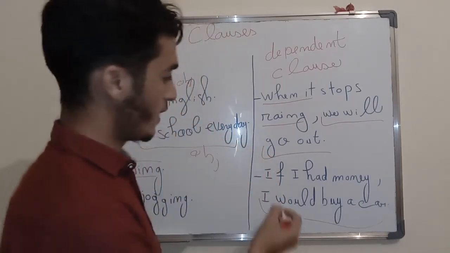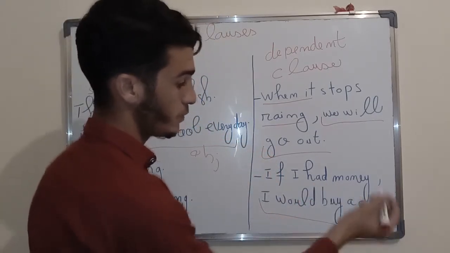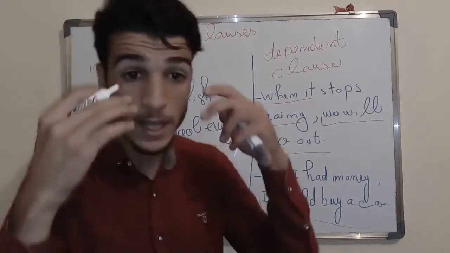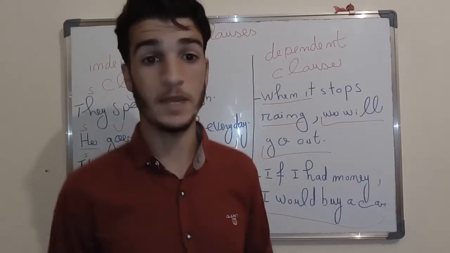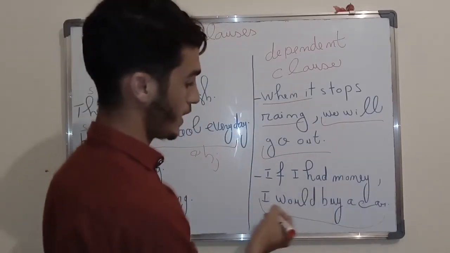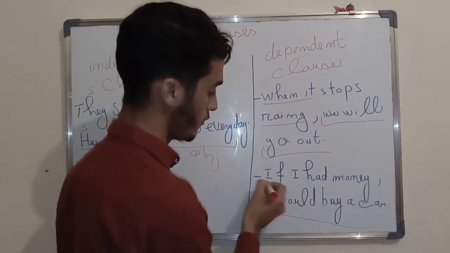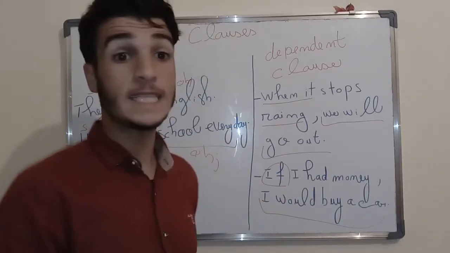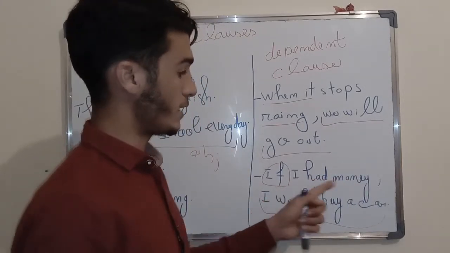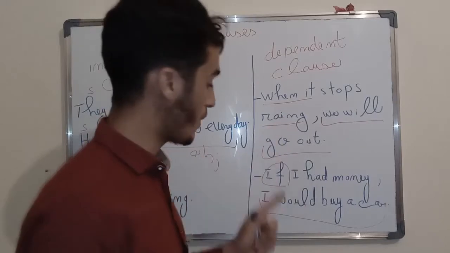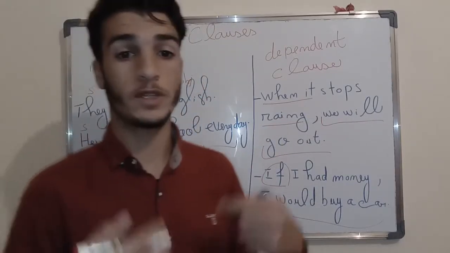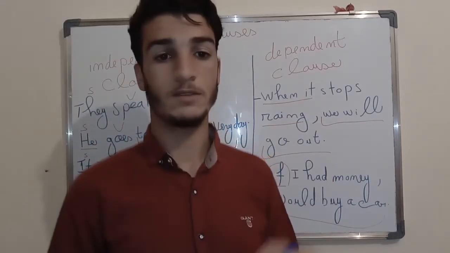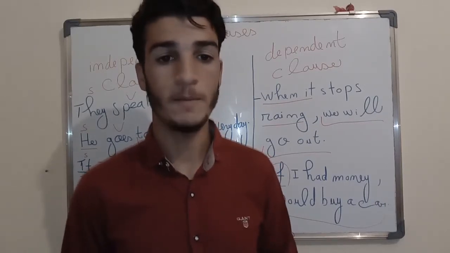If I had money, I would buy a car. Now we understand, we make out the meaning. So if is a subordinating conjunction that gives us a subordinate clause. If I had money depends on I would buy a car in order to give full meaning to the reader.